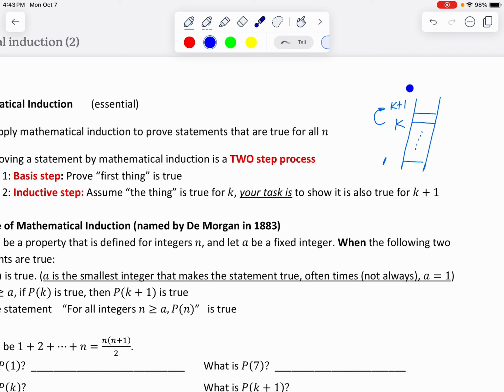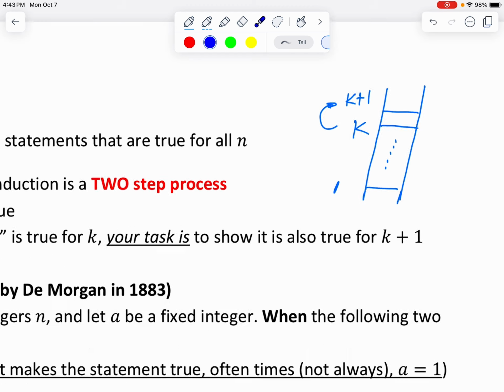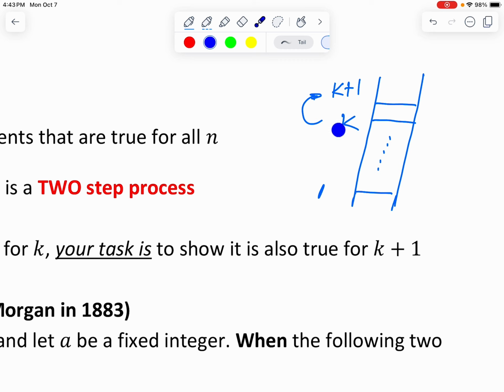then automatically this completes the proof that you are able to climb up to any step. The reason is, if you are able to prove that when k is true, k plus 1 is true, then you can imagine: when k is 1, you must be able to climb up to k plus 1, which means the second step.